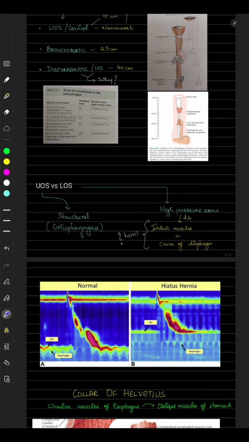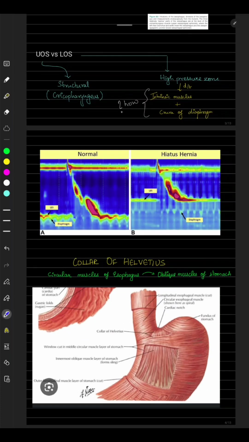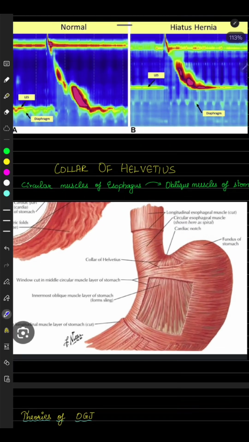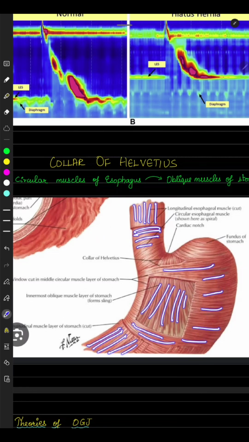Coming to some fancy terms, the collar of Helvetius. What is the collar of Helvetius? Normally we have the outer longitudinal and inner circular muscles in the esophagus. Usually this is what is present in the GIT. In the stomach alone, we have an extra innermost oblique layer. You see here the outer longitudinal and inner circular muscles of the stomach, and innermost we have some oblique muscles.